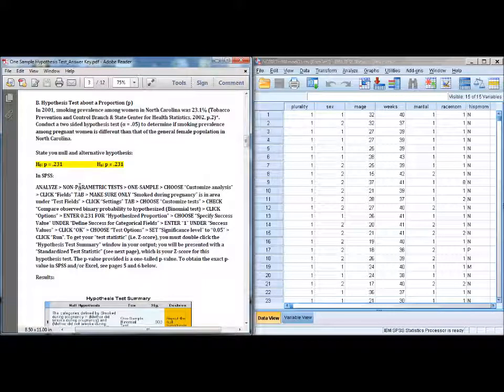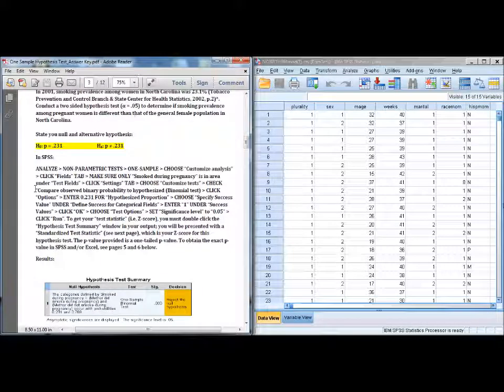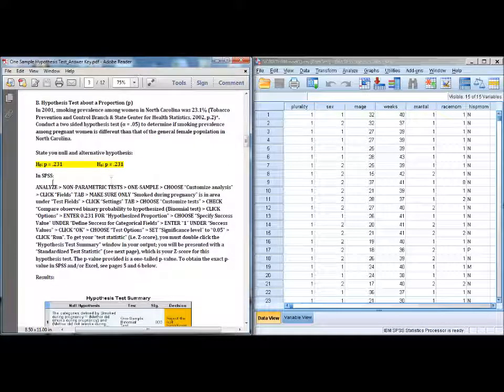Once we get our z-score, we're going to get a p-value for that z-score. And if that p-value is less than 0.05, we'll reject our null. If it's greater than 0.05, we'll fail to reject our null. If it's a one-sided test, you'll use the tail depending on the direction of your test.